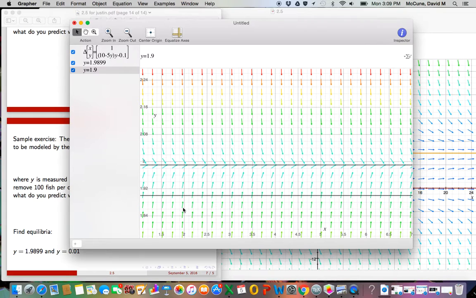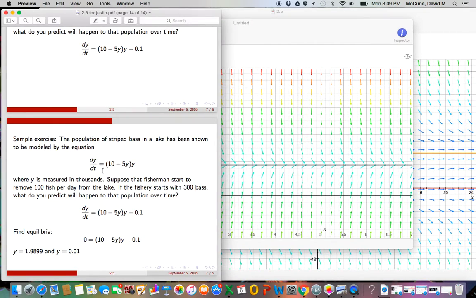But notice the fish actually surpassed that. They grow almost back to 2. So basically, fish that grow like this are good enough at reproducing quickly to overcome most of this 100 that are taken out. There's enough reproduction going on and enough natural resources in the lake to let the fish just surpass this, really recover from this really quickly.